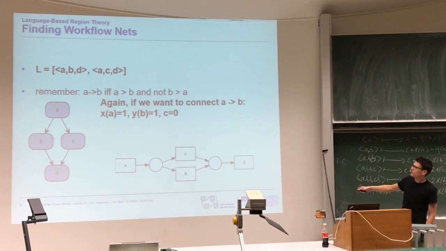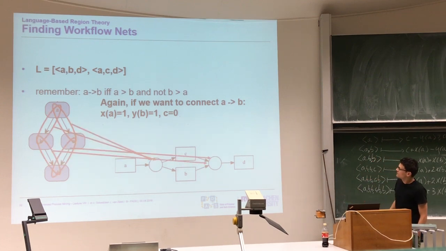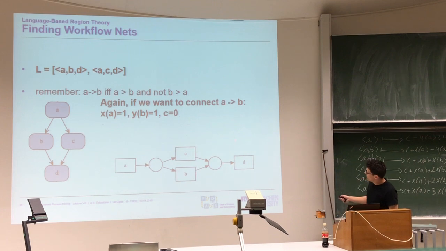So here, the fact that we get this place is due to this objective function that tries to minimize the incoming arcs and maximize the outgoing arcs. So that's nice. We already get a Petri net that starts reflecting this event log more accurately.